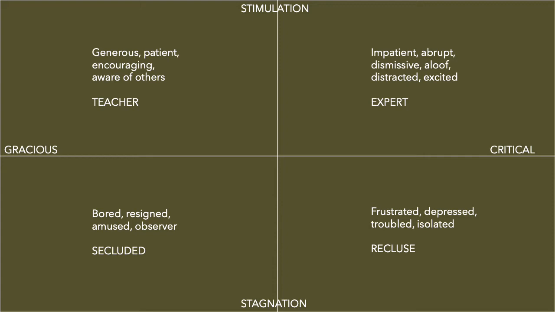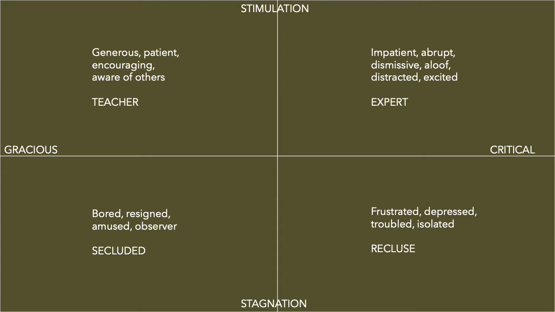We'll identify when shortly. On the flip side of that, if you go to the left-hand side at the top, when he's still stimulated, he's still lively, every now and again, Holmes becomes less critical of people. He becomes more gracious, and he's what I call then a teacher. So he is generous with his ideas, he's patient with others, he's encouraging of others, and he's aware of them for a start.